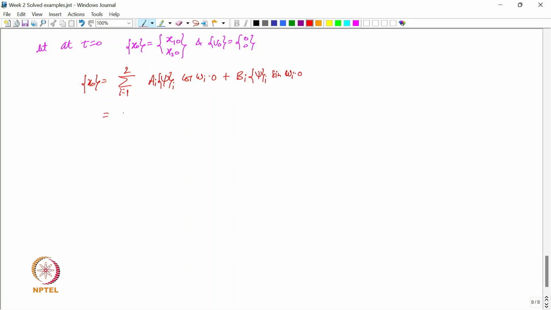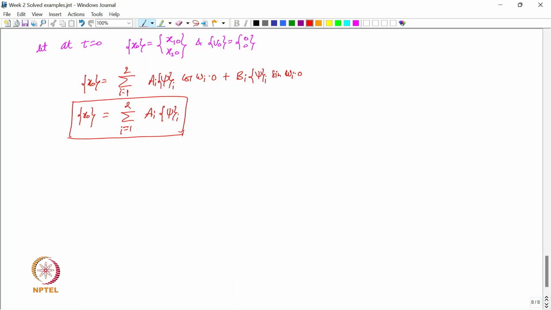So, this essentially becomes the sum of A I psi I with I varying from 1 to 2. So, this is the equation we get, right, because cos 0 is 1 and sin 0 is 0, right.